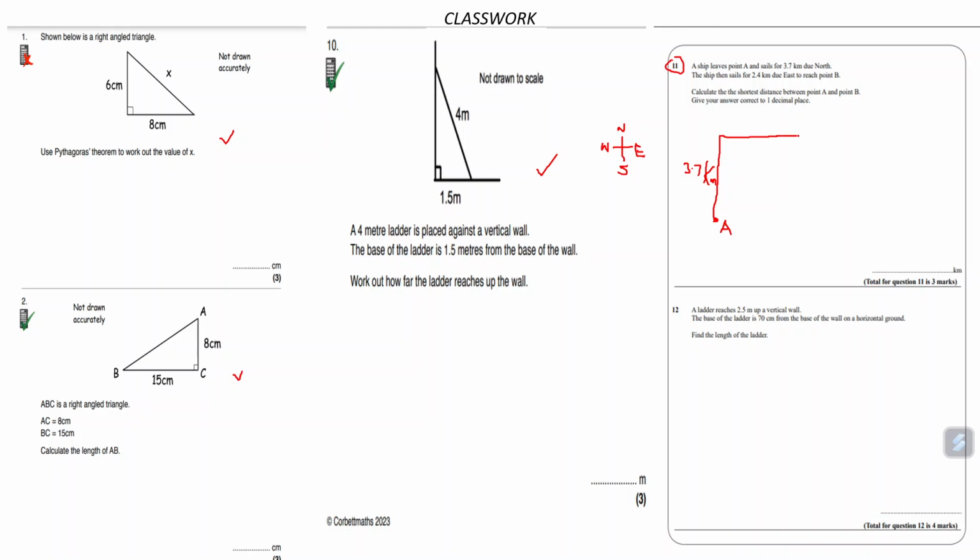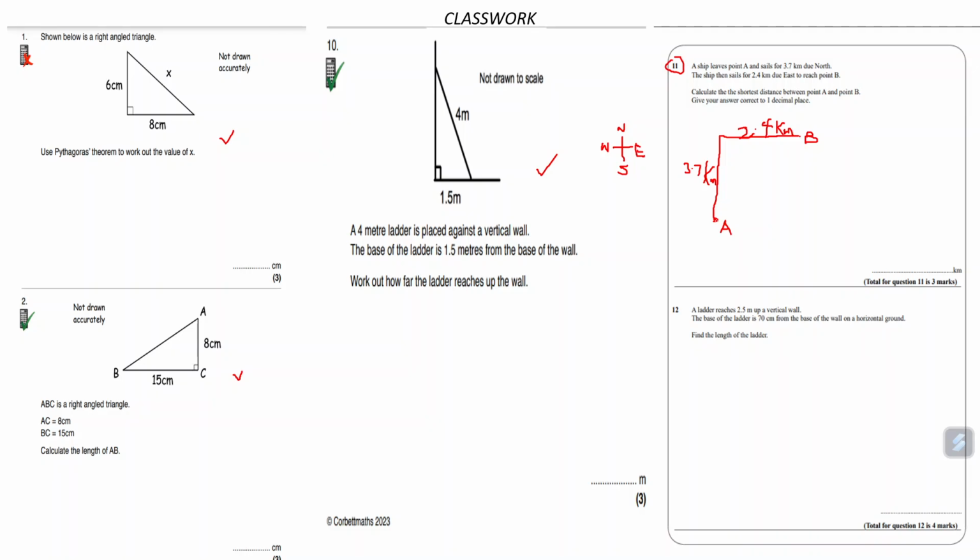This is 2.4 kilometers, to reach point B. So this is point B. The question says, calculate the shortest distance between point A and point B. Give your answer correct to one decimal place.